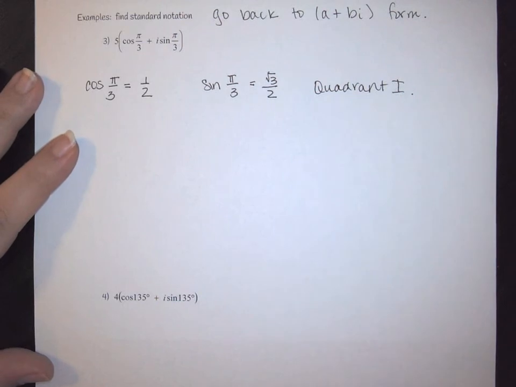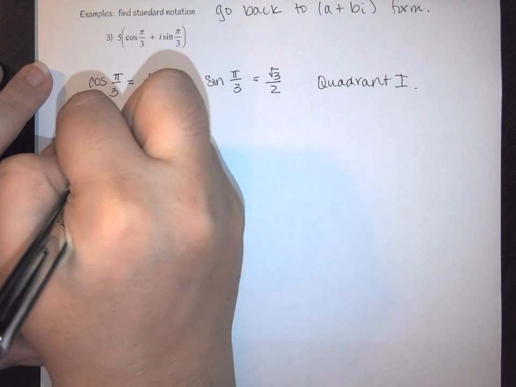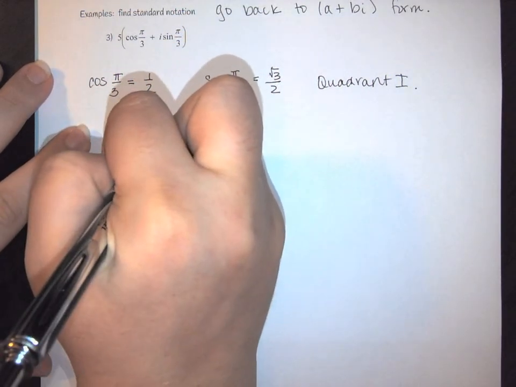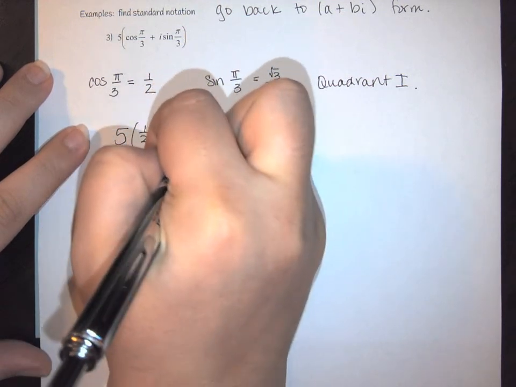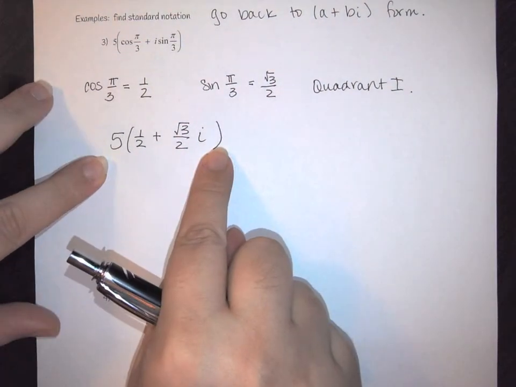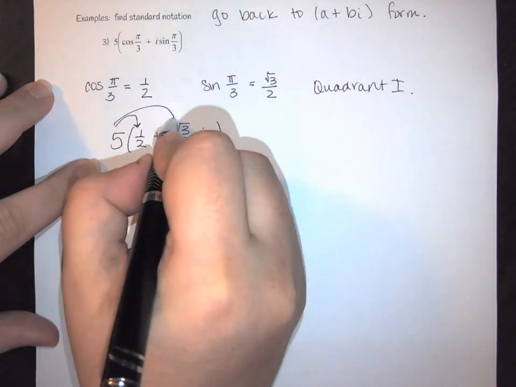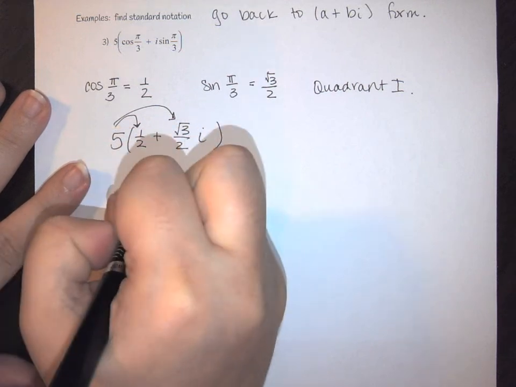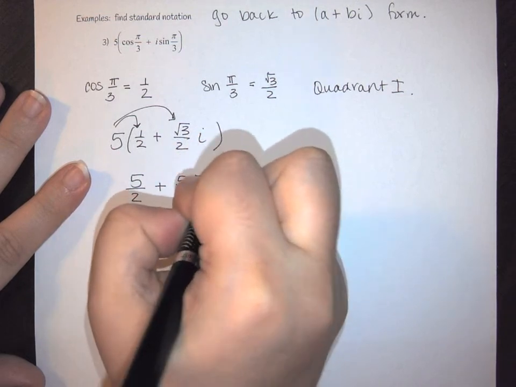So here, what we actually have is 5 times 1/2 plus the square root of 3 over 2 i. But then, this is not fully a plus bi form because we've got this 5 on the outside. So you have to distribute your 5 through, which says that we have 5/2 plus 5 square roots of 3 over 2 i. And that is your standard form.